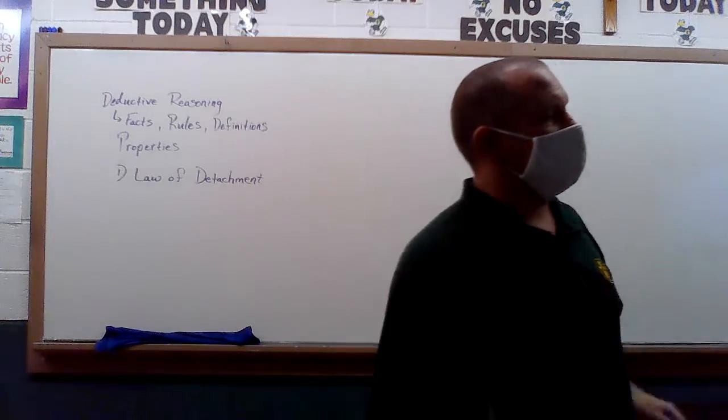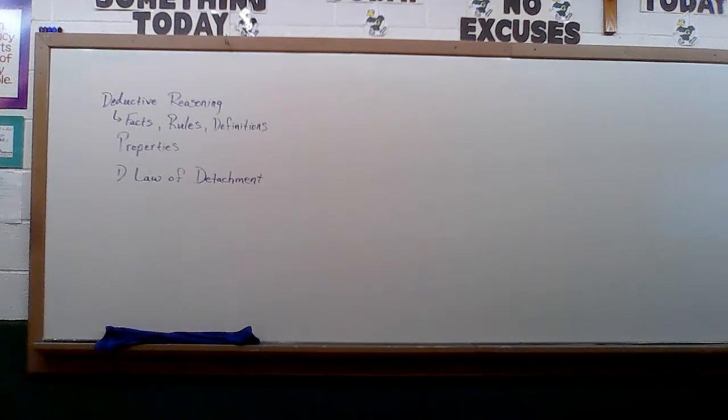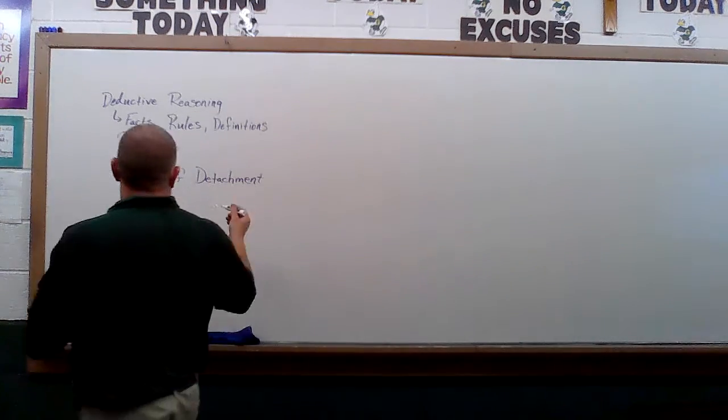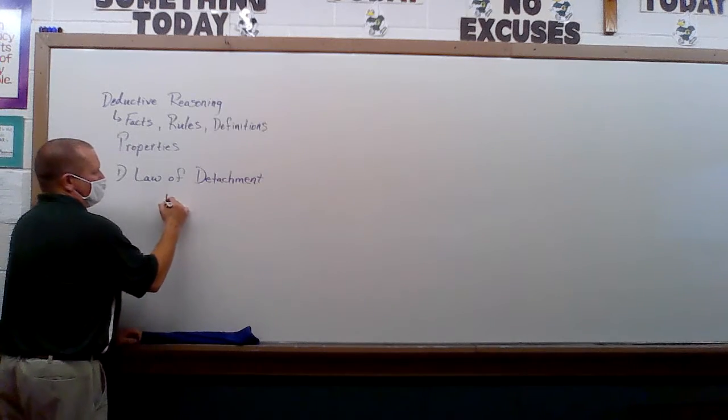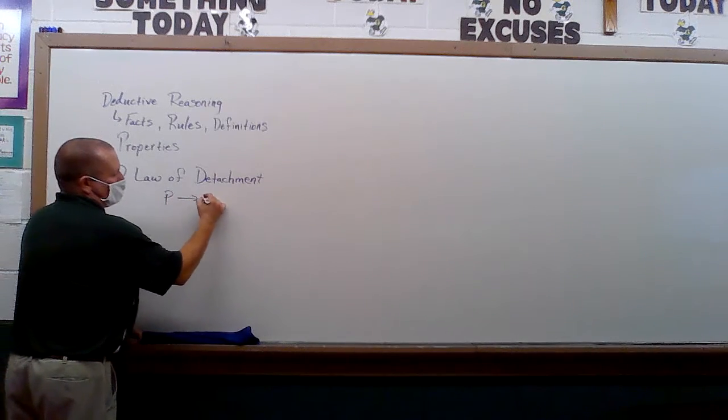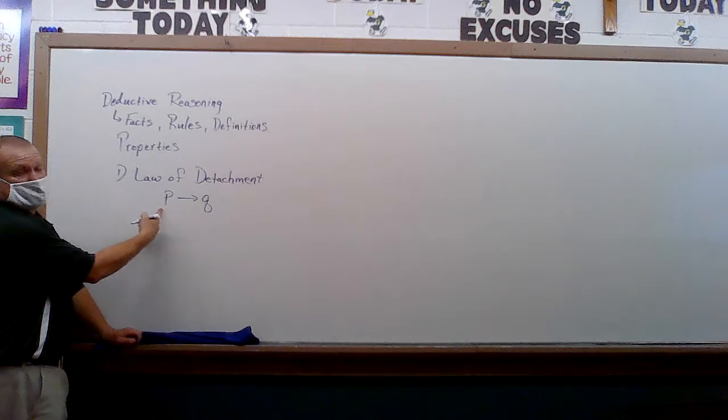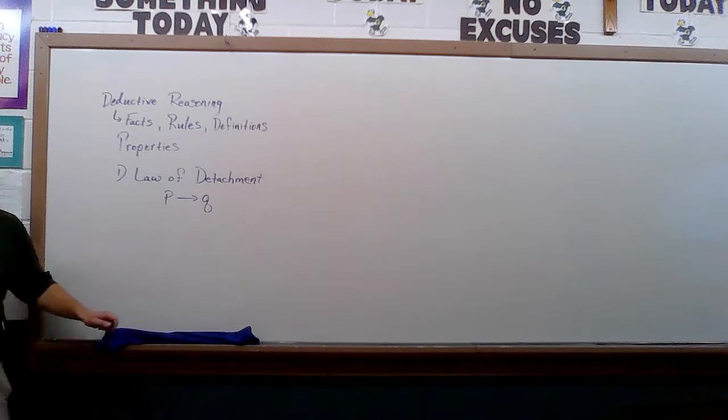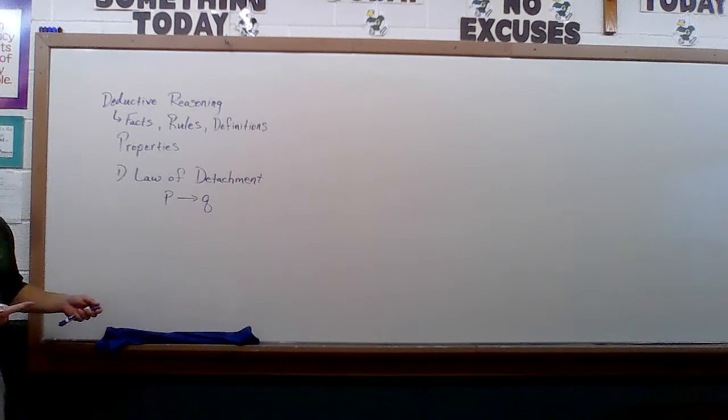So remember, a conditional is our if-then statement. If the conditional is true and the second hypothesis or sentence is true, we assume that our conclusion is also going to be true. So in the law of detachment, we're basically going to say P to Q again. So if something, then something. Right? That's what we've already learned.